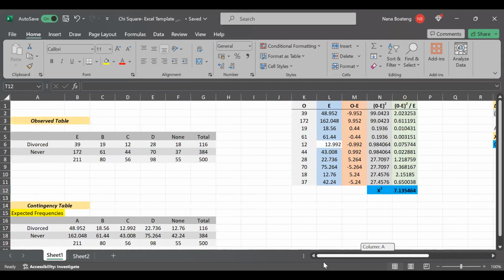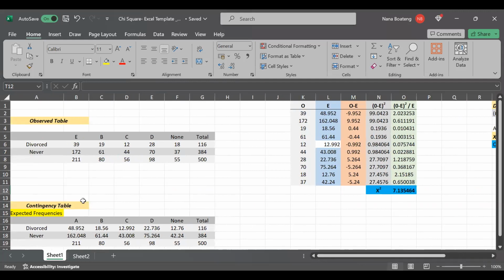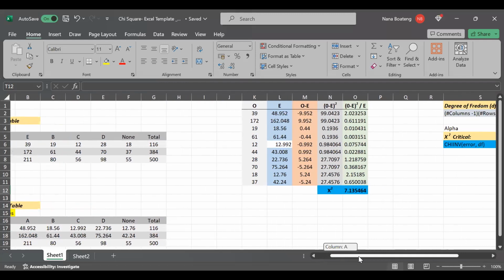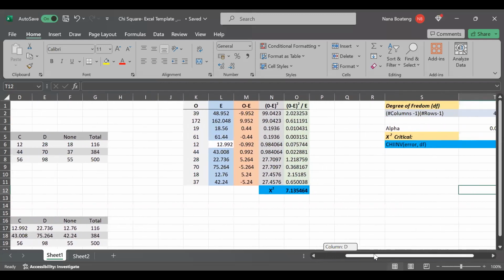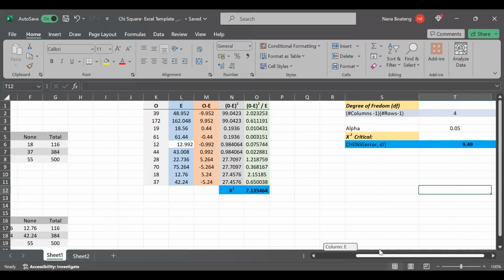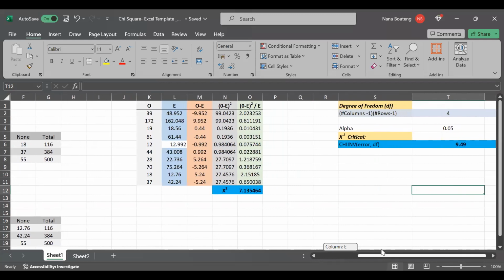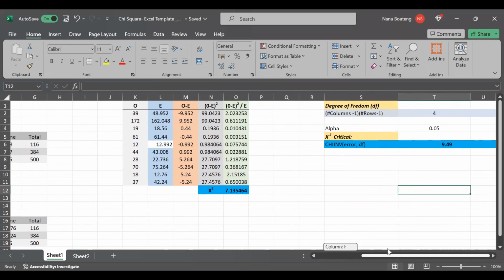Please, this is how we derive the contingency table and then went on to calculate our critical chi-square, and then derived the degree of freedom.